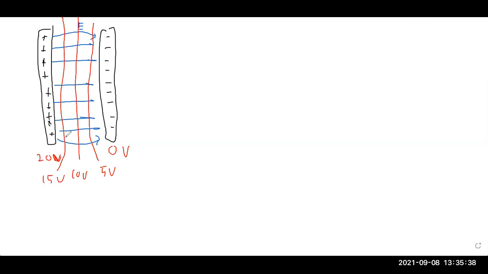So this surface that I drew is called an equipotential surface. It's just a set of points that are at the same electrical potential.